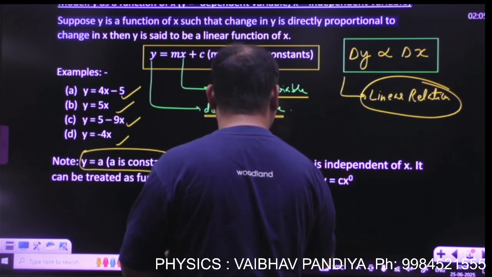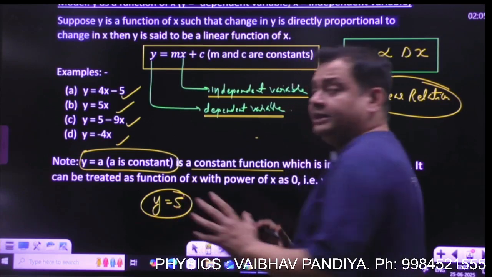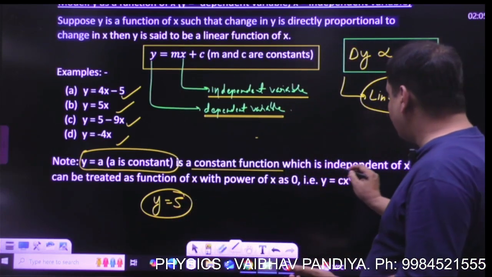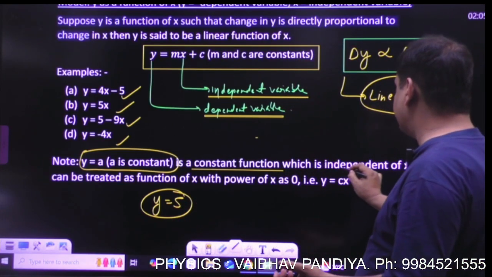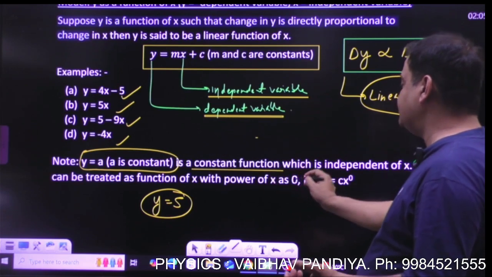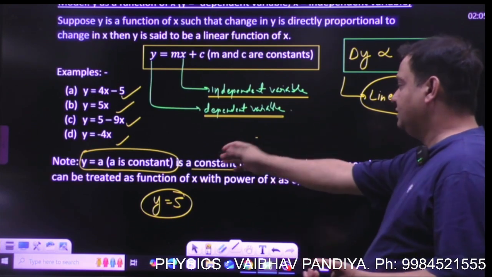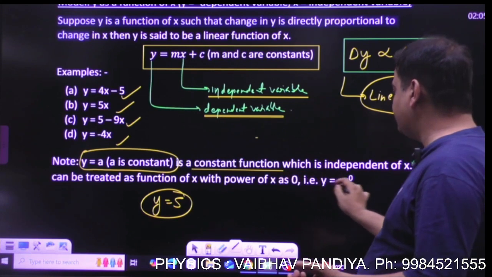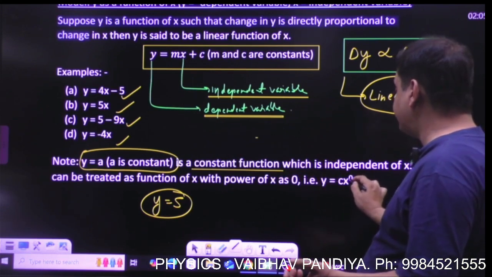So we say y is a constant function. And as we have seen in polynomials, a constant function can be treated as a polynomial of any variable with 0 degree. So you can say if y is some constant, you can say y is a function of x with power of x as 0.